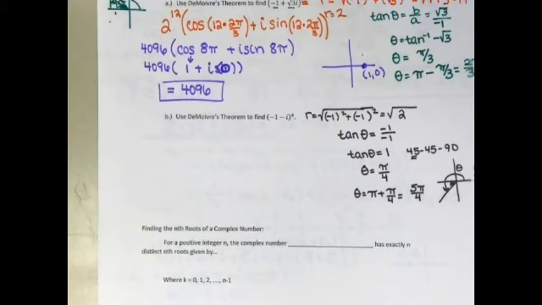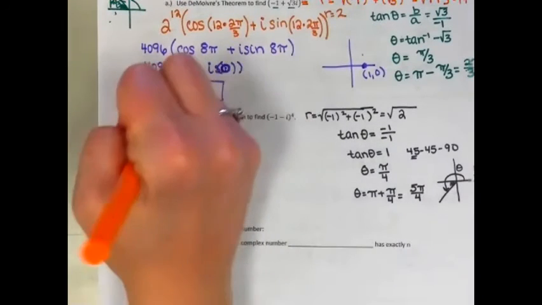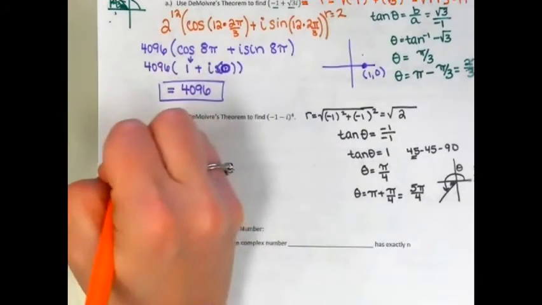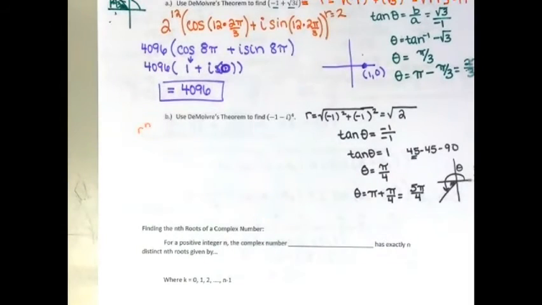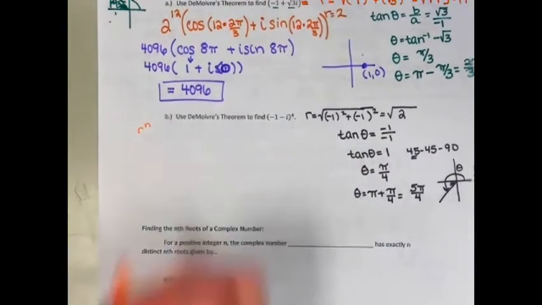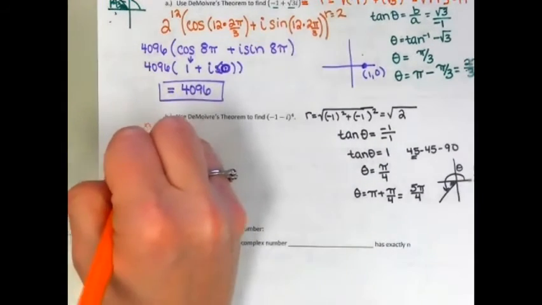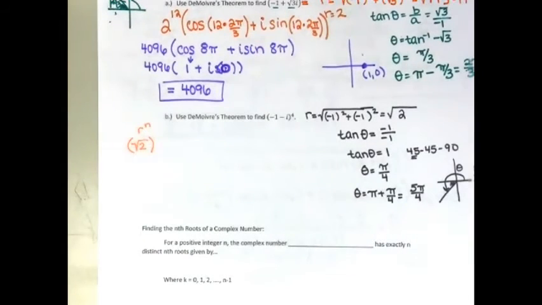If you still have that chart from 4.4, that'd probably help you a little bit too, right? All right, so now let's use our second formula again, because that's the easiest one to use. What's my R? What did we figure out R was? The square root of 2, and we're going to raise it to what power? What's my N? 4.